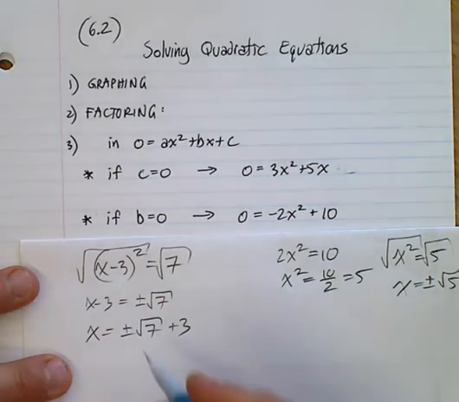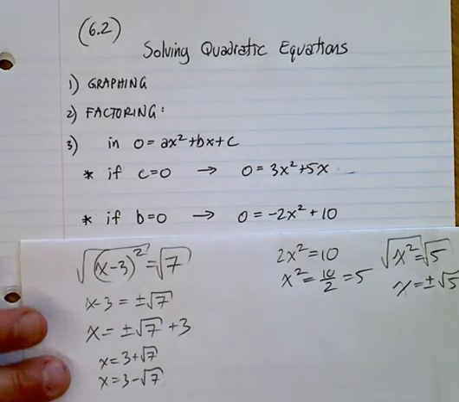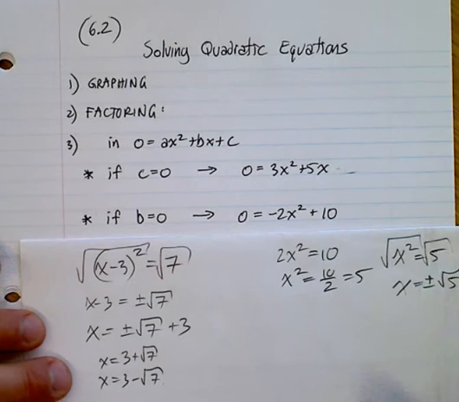So essentially you got two answers, right? Let's turn it around. Let's put the 3 first. 3 plus root 7, and then 3 minus root 7. And you'd have two answers there. So that is the square root principle, essentially.